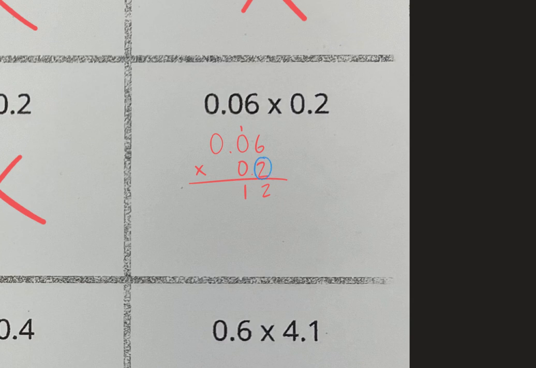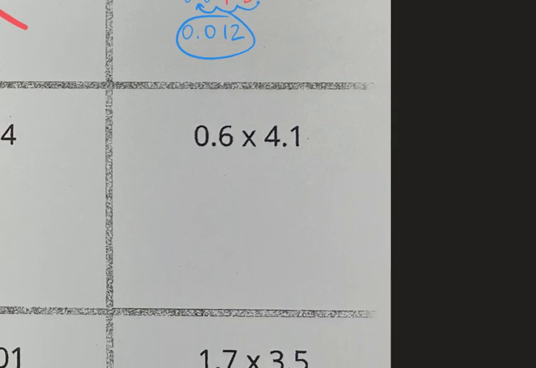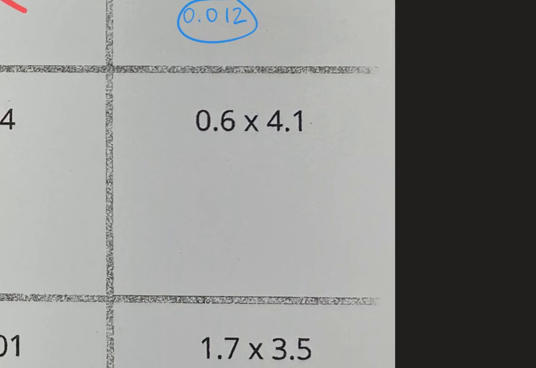Then I count how many digits I have to the right of my decimals, right? To the right of the decimals, and I have 3. So I start with my decimal all the way to the right of my final answer. 1, 2, 3, right? And I add my zeros in where they go. My final answer would be 12 thousandths. So that looks a little bit less jumbled, right? And you saw how quickly we can do this, right?